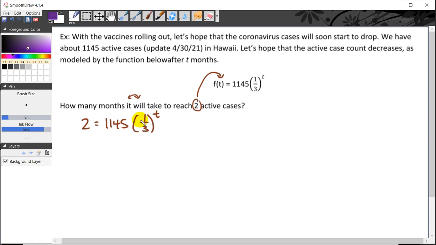Same idea. We want to get rid of this coefficient on the outside, so we're going to divide by 1,145.